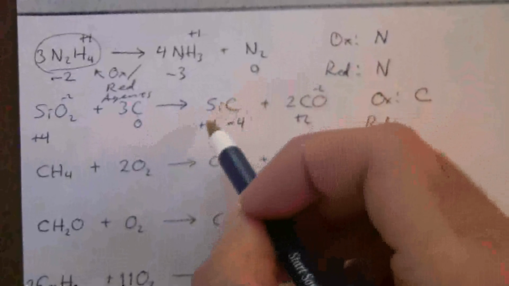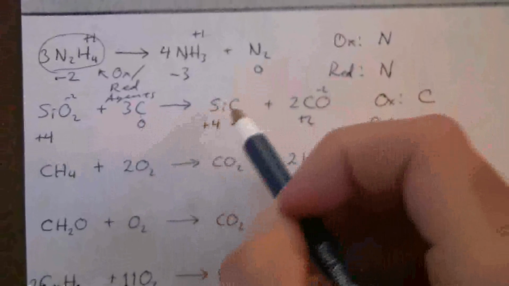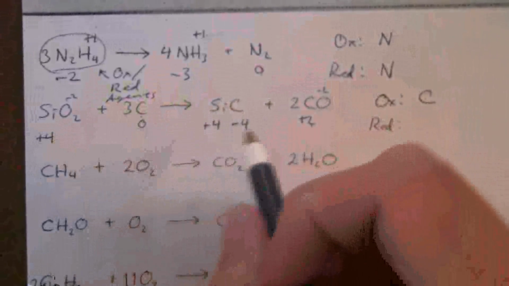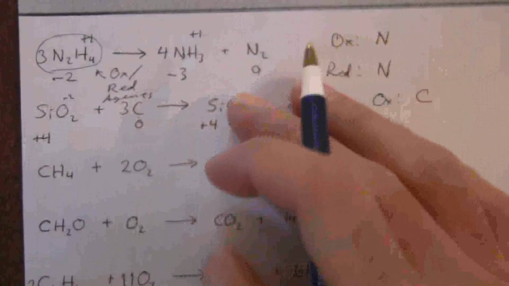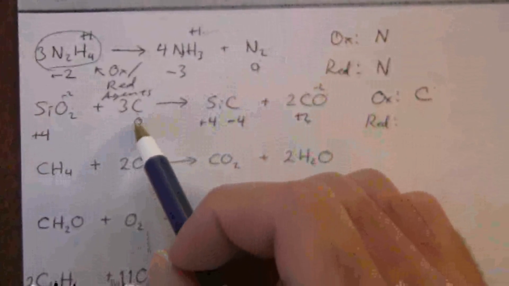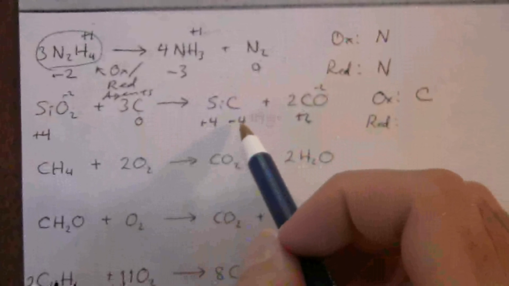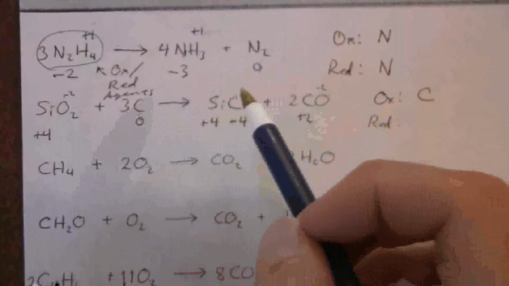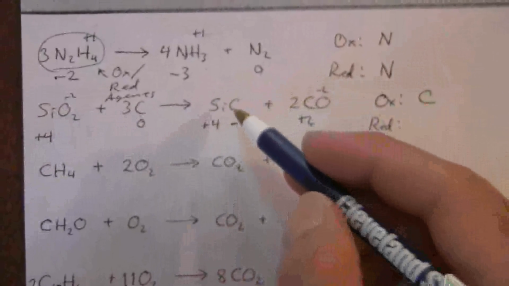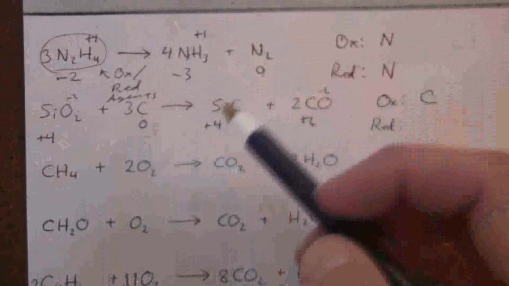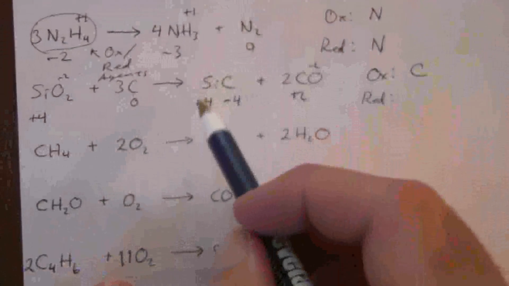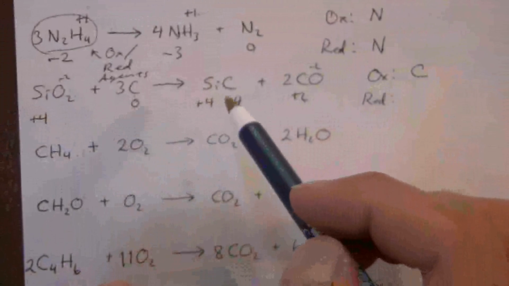And then that becomes our reference to determine the silicon. But our carbon is certainly not 0 in this compound, because if it were 0, then silicon would be 0, and anyway. So I think this is the best way to look at that.